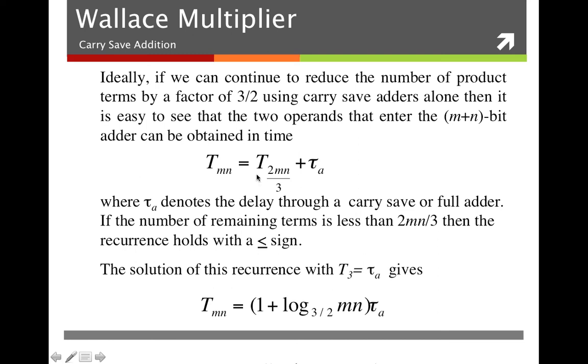So if you just reduce this, like I said, it's going to be something in the order of log base 3 over 2 of mn as opposed to log base 2 of mn, but this is still a logarithmic reduction. It is possible to make the reduction somewhat more aggressive.